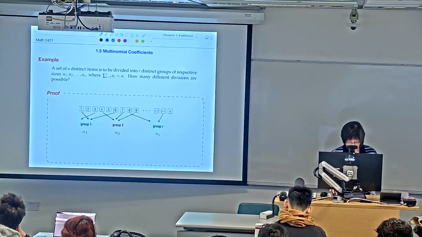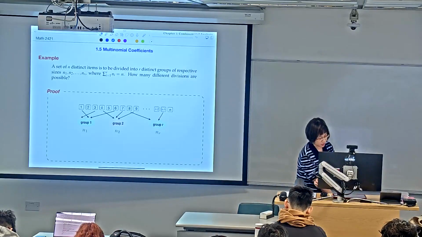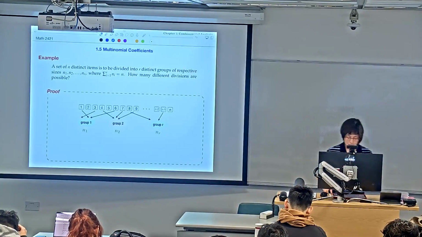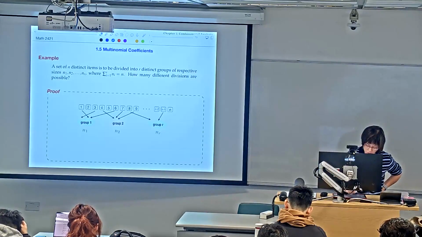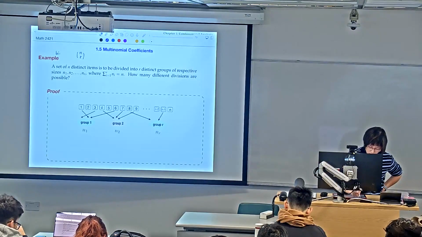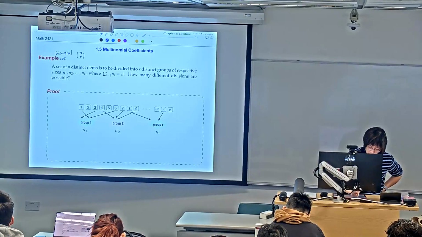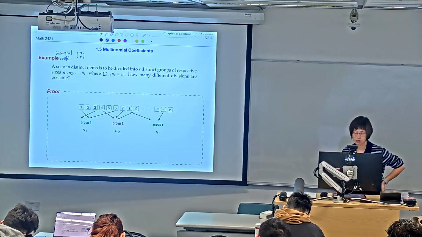Okay, so the next content is about the multinomial coefficients. We talked about the binomial coefficients, that is n choose r. This is a generalization of the binomial coefficient.